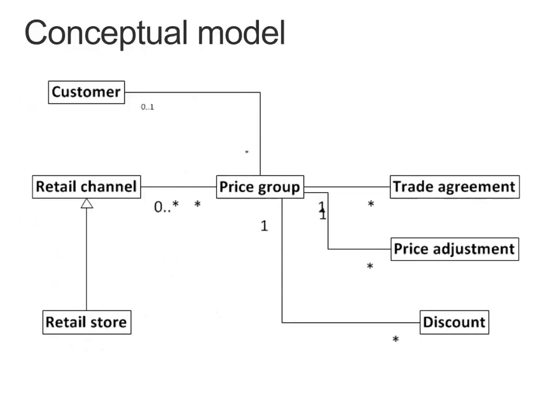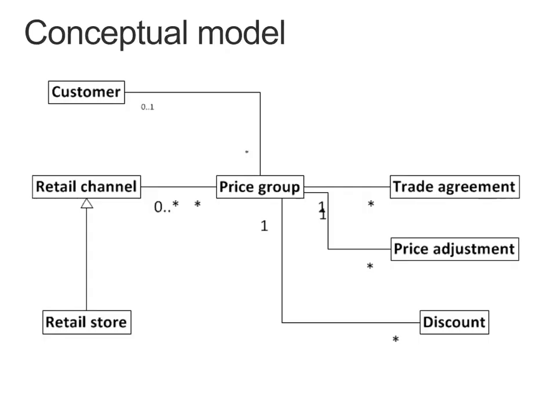From a conceptual model, if you're familiar with how you set the price for a customer, it's very similar to what we're doing here in terms of setting price for a channel. We're using a price group that is assigned to a retail channel, which is basically a retail store.